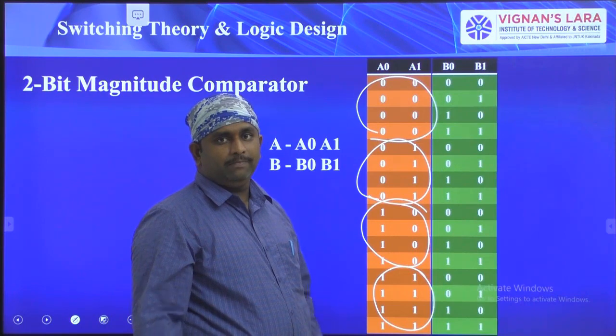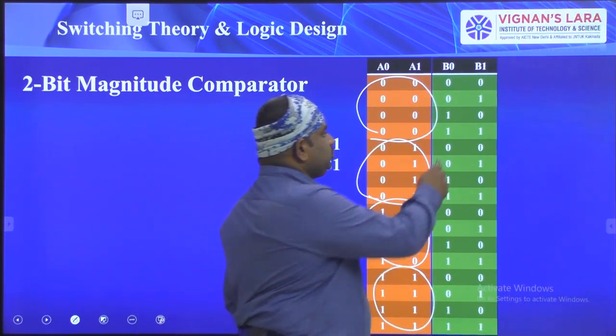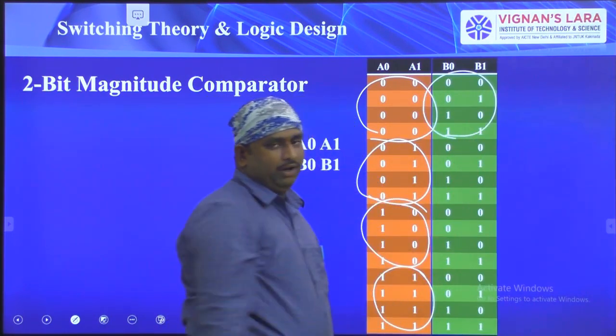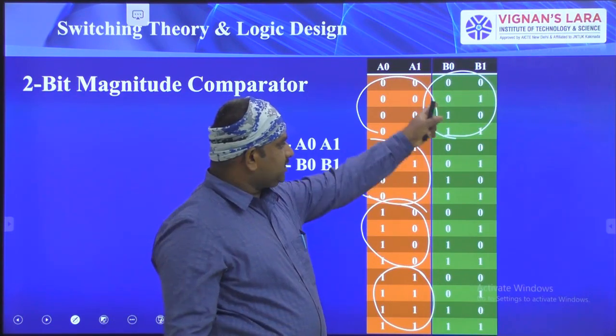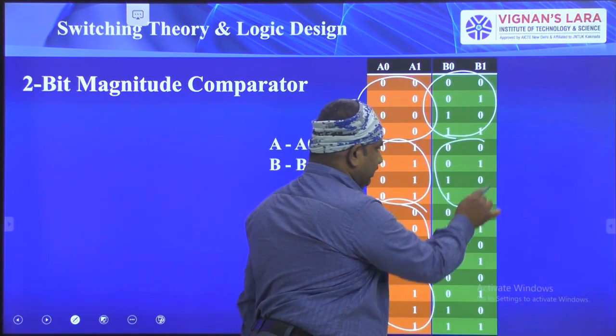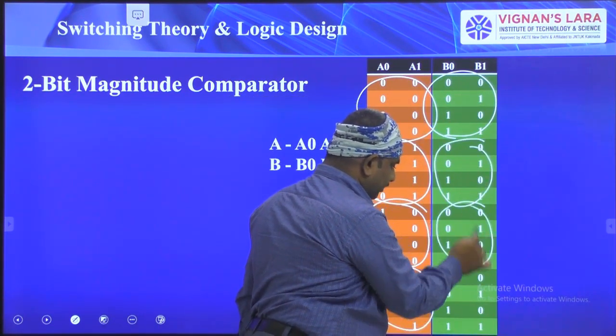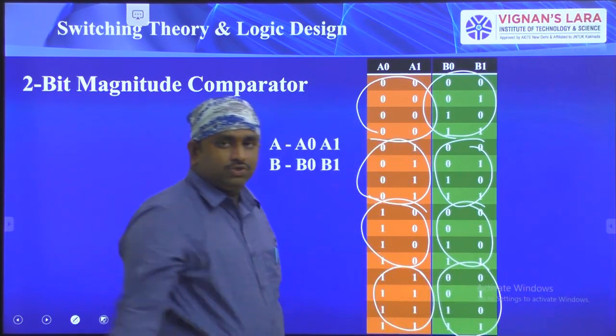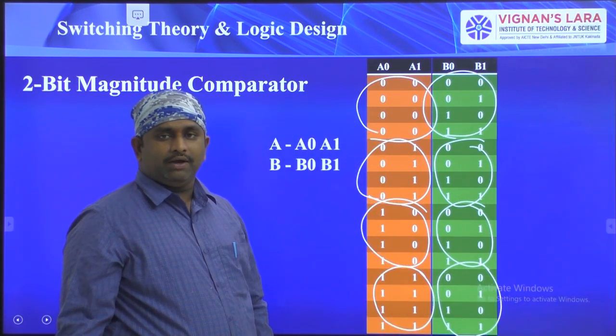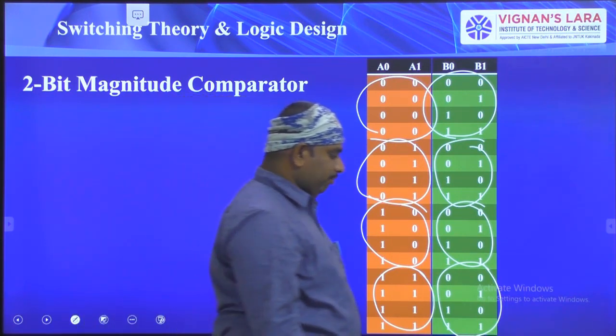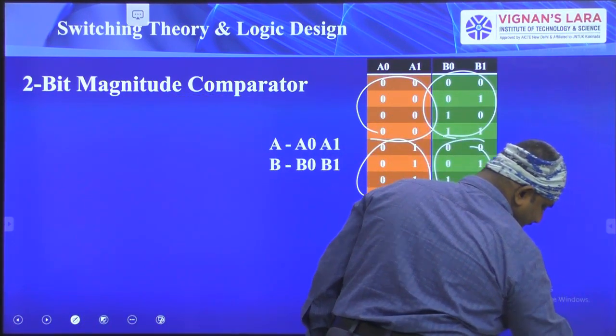Next coming to B, it has 00, 01, 10, 11. We got 4 combinations, and the same 4 combinations I am repeating for each of the others.